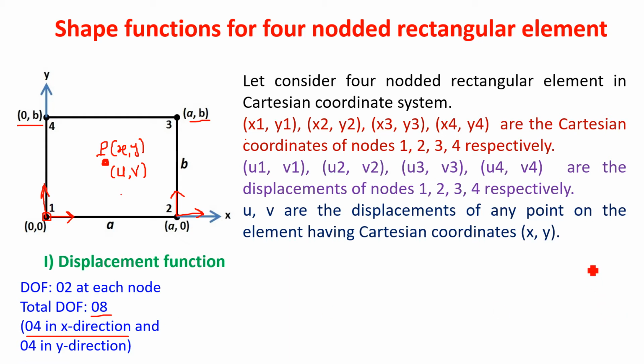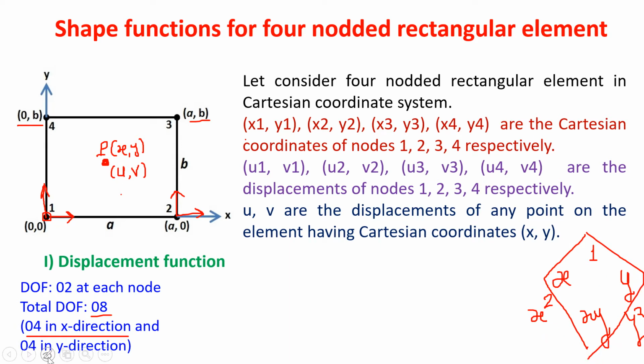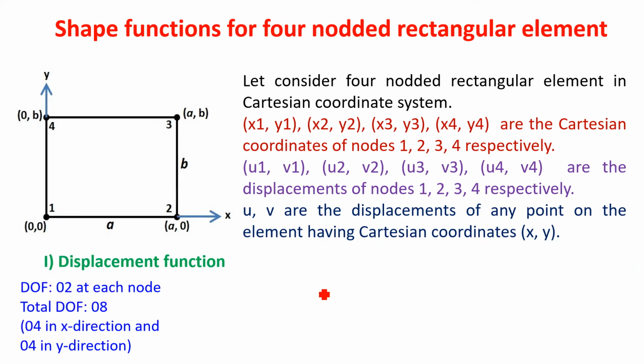Those 4 elements are 1, x, y, and out of the remaining 3 in the third row of Pascal triangle, that is x square, xy and y square, we are selecting xy. So 4 elements are 1, x, y and xy. Taking these 4 elements into consideration, we will write the displacement function of the 4 noded rectangular element.